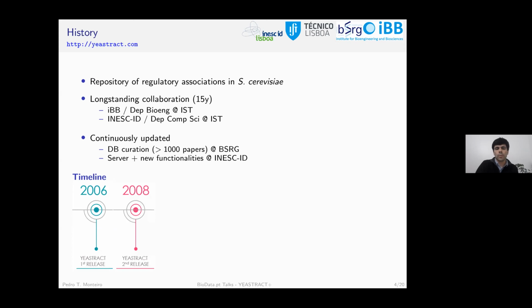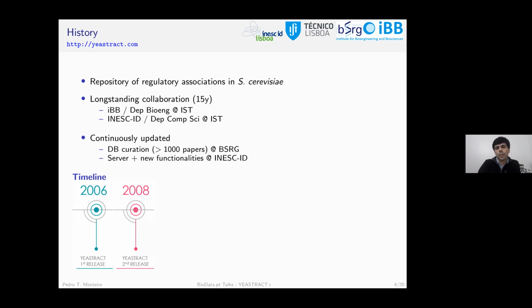Then over the course of the years, we did a few updates where we always enriched the data for the new papers that were coming out regarding regulatory associations in cerevisiae, and also developed new functionalities to exploit that data.